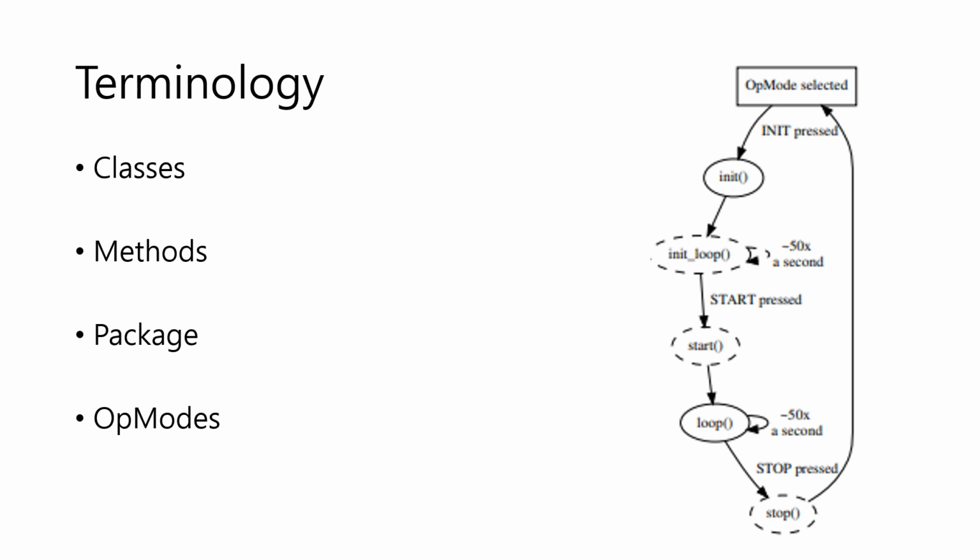We'll discuss exactly what classes are later, but for now just know that a class is a group of code, and each class has its name, and that name is used for the file name with the .java extension at the end.